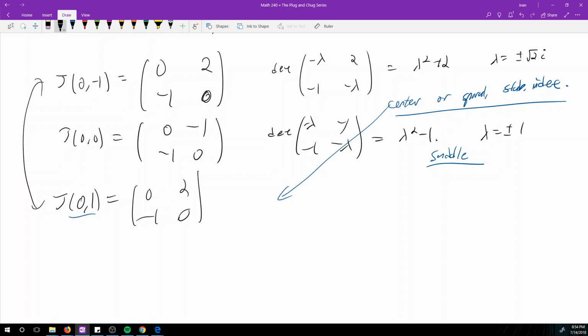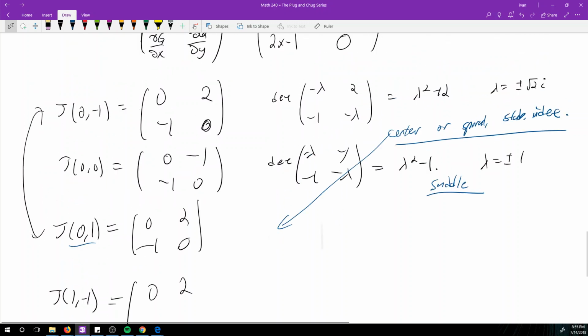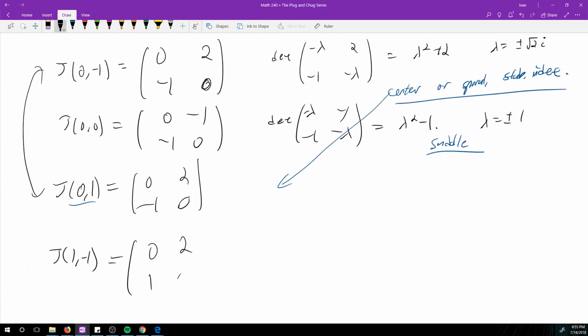And then now we can find J of (1, -1), which is [0, 3y squared minus 1 = 2; 1, 0]. Positive 1, 0. Okay, which means that the determinant of negative lambda, 2, 1 is lambda squared minus 2. So lambda is equal to plus or minus root 2. And so these have opposite signs, so this is going to be a saddle.